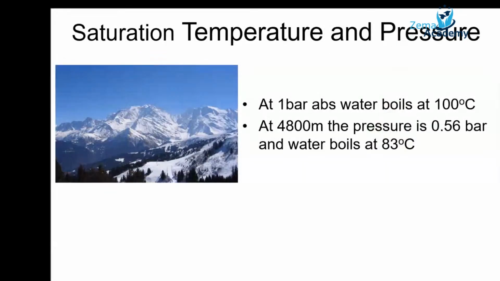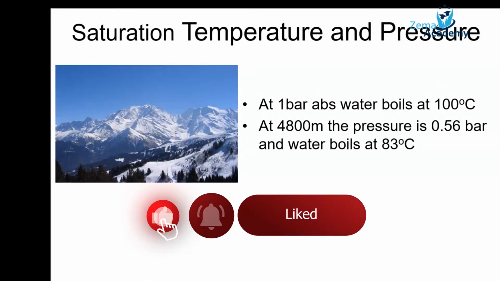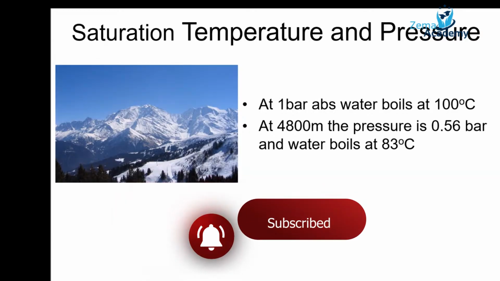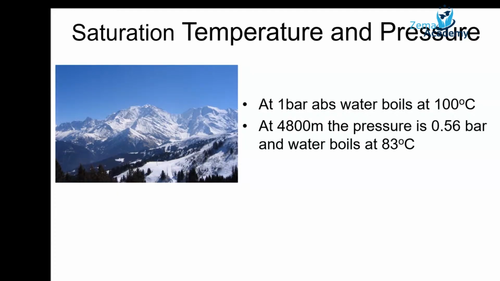For instance, if you take water and try to boil it at, let's say, 4,800 meters, at a pressure of 0.56 bar, the water boils at 83 degrees C. So as you can see, not the 100 that we always say; depending on the pressure, water can also boil at 83 degrees C. What I wanted to highlight here is the relationship between pressure and temperature, and that is critical in any refrigeration system that we will look at.